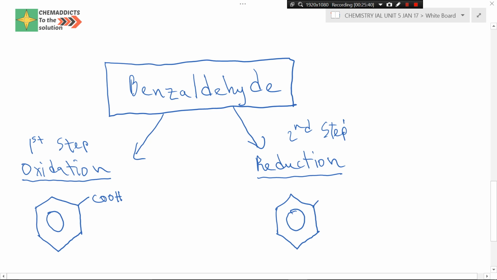So in the first step we have formed benzoic acid, and in the second step we have formed phenyl methanol.